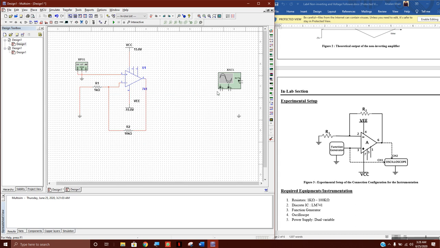Okay, now first, I think we keep A as the input. Okay, goes to our ground. Let's bring this to the middle. Why is it like this?